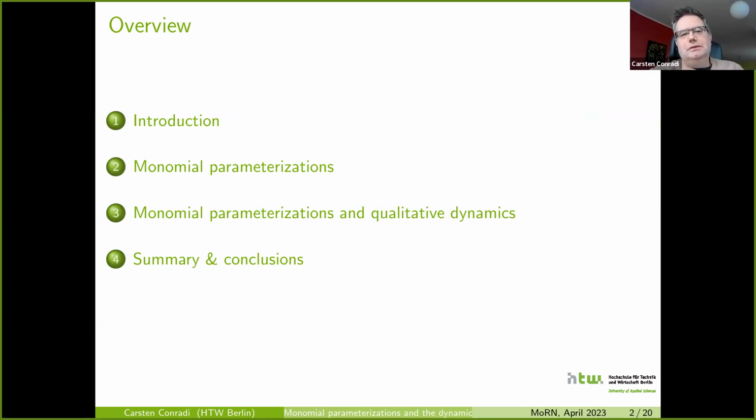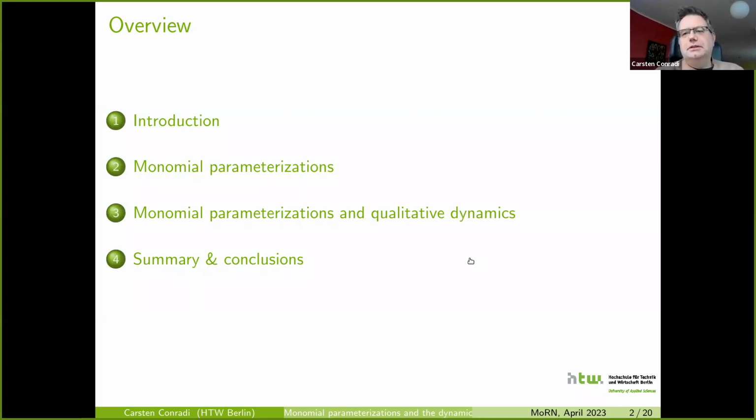And I will briefly talk about two applications to elucidate dynamical properties, namely multistationarity and Hopf bifurcations, that are possible using these parameterizations. And finally, I will have a summary and conclusions. So let's start with the introduction.